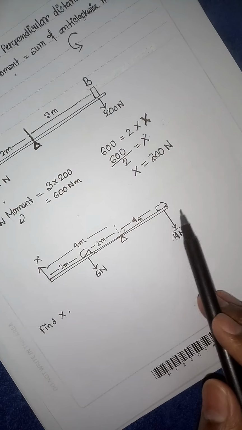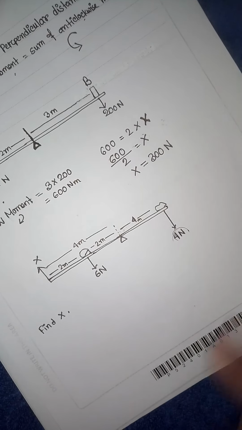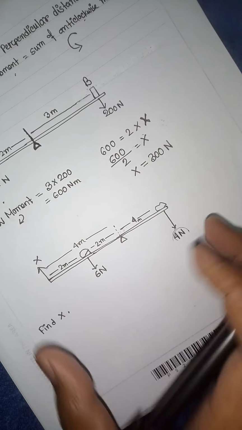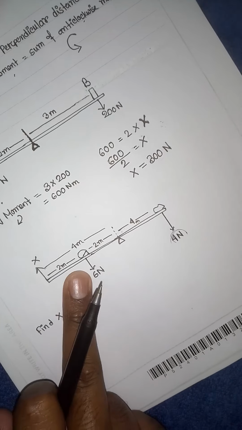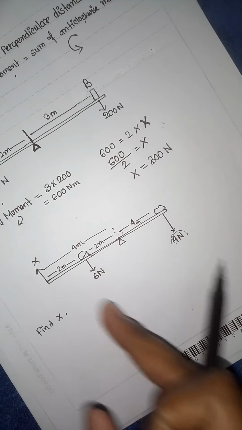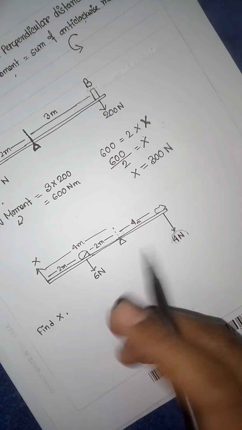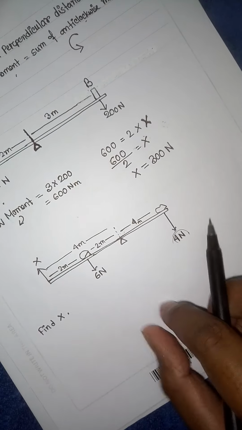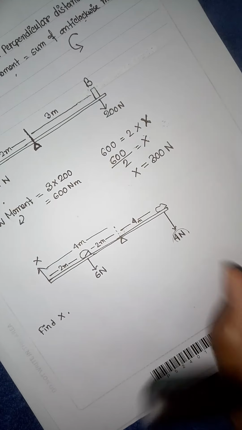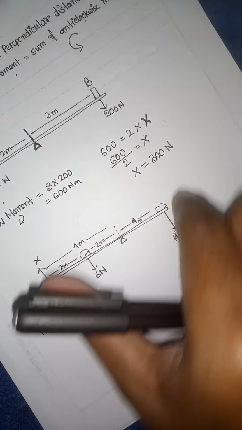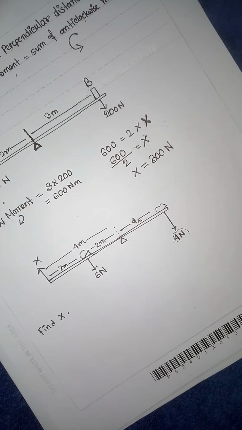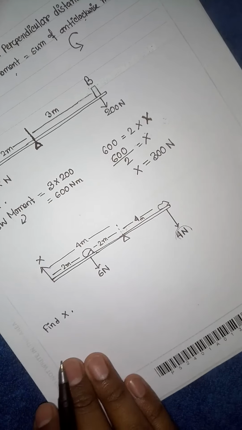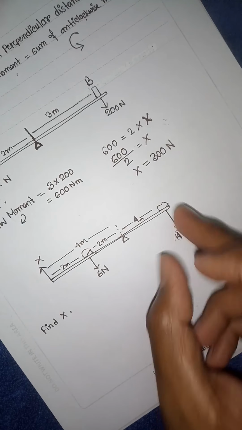So both forces are responsible for clockwise rotation, and this is the only force that will turn the rod anti-clockwise. Are you clear?